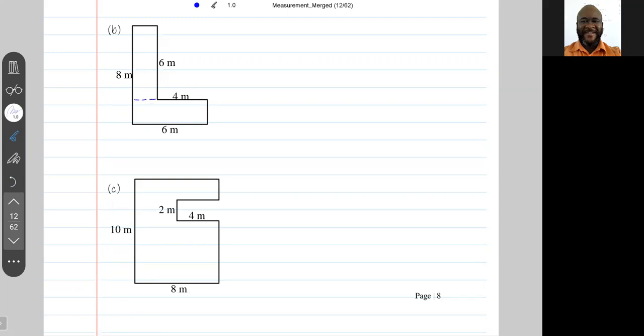All right, please note here that the entire length from here all the way down here is 8. But from here to here is 6. So the other piece here is 2. So if here is 2, it means that over here is also 2.